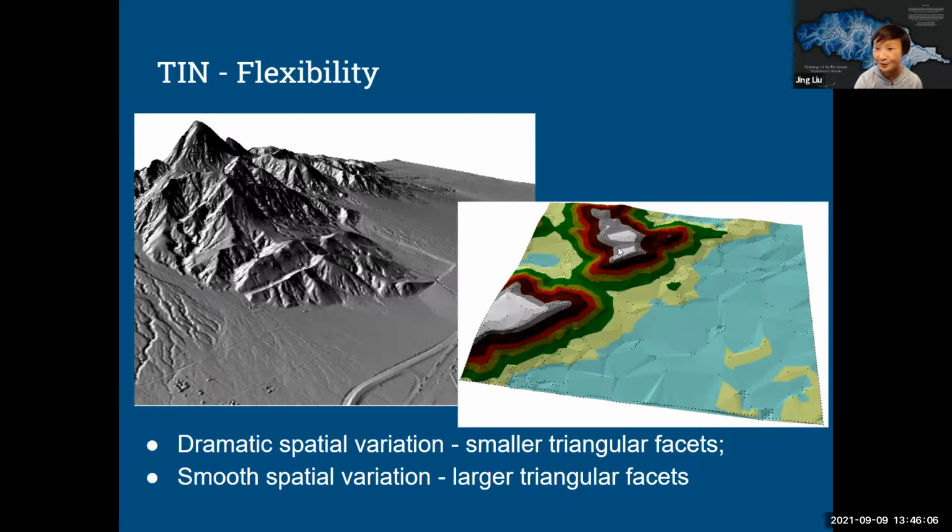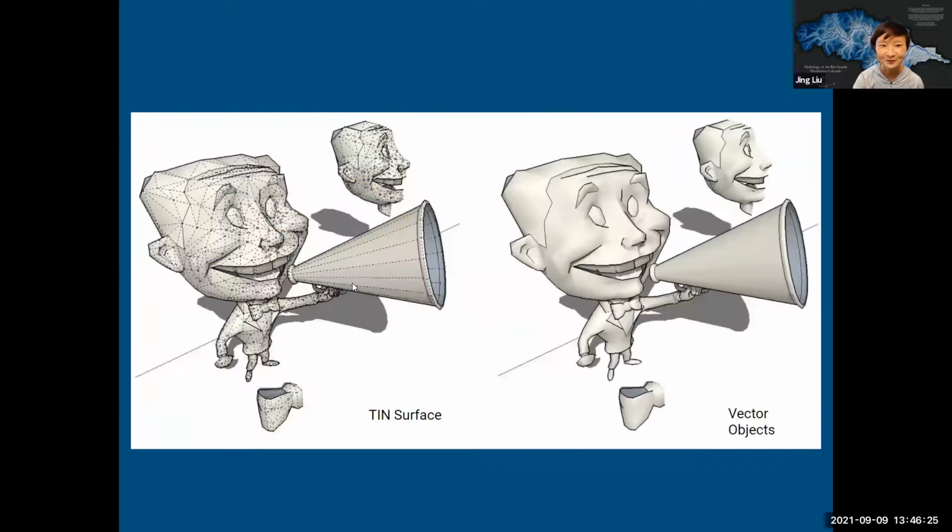Then it's more flexible, right? So I can still maintain the very accurate shape of this mountain, but reduce the waste of space across this flat area. Okay, so this will be the main advantage of your TIN model. Okay, then how to create your TIN model?